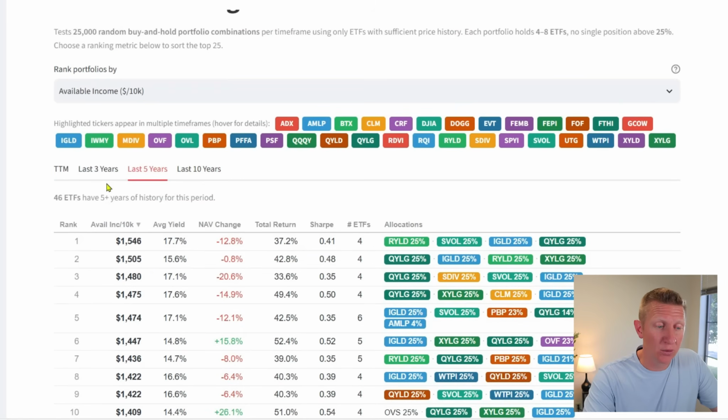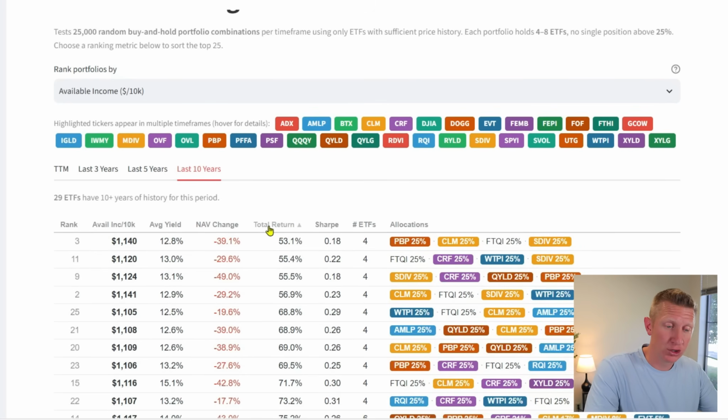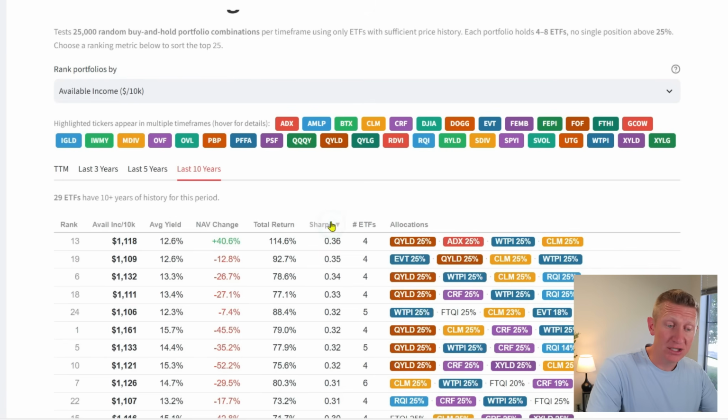And then you can see 10-year. There were 46 ETFs to choose from for the last 5 years. For the last 10 years, only 29 ETFs. The very best portfolio, best on total returns, was QYLD, ADX, WTPI, and CLM. That's a closed-end fund. But it also had a lower Sharpe ratio. If you were shooting for Sharpe ratio, actually it had the highest Sharpe ratio over 10 years.